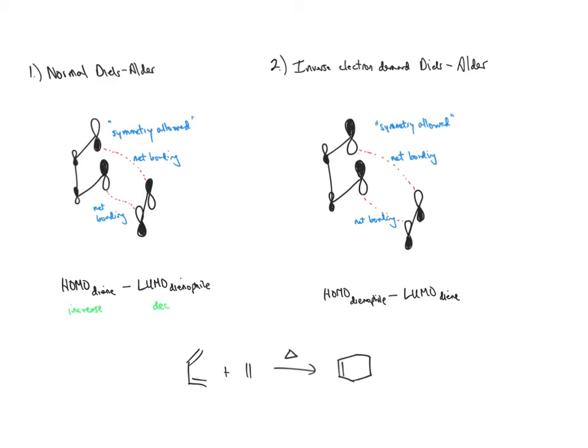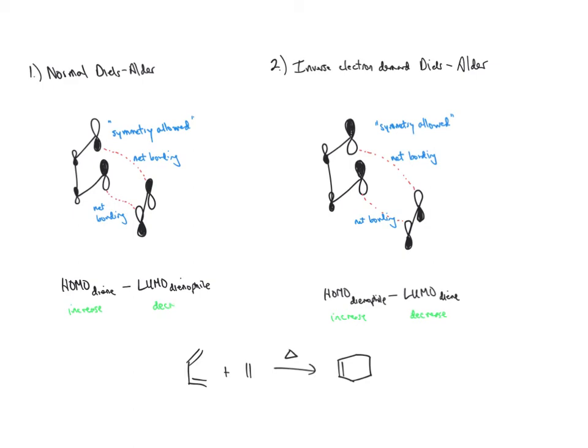In the case of an inverse electron demand Diels Alder reaction, we want to decrease the energy of the diene's LUMO and increase the energy of the HOMO in the dienophile. So you're always trying to increase the energy of the HOMO and decrease the energy of the LUMO so that they interact with one another.